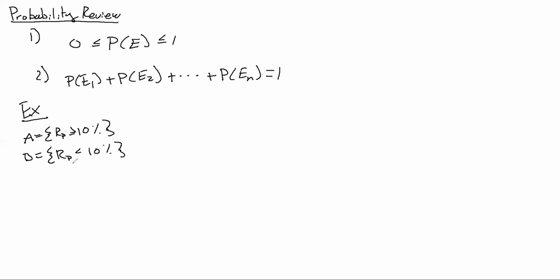It's exhaustive. This would include all real numbers, all possible outcomes. So in this example, it doesn't matter what the probability of A is, or what the probability of B is. If we add them up, it should be 1 because this is mutually exclusive and it's exhaustive.